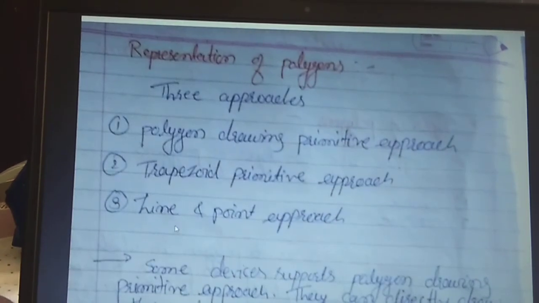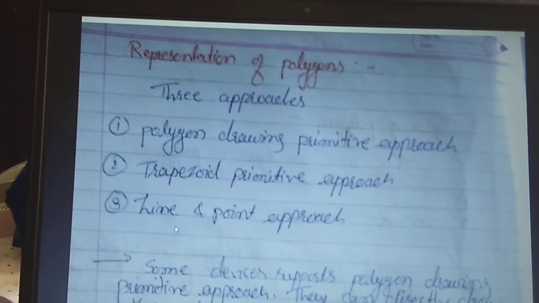Some graphic devices may not provide support for polygons at all. In that case we have to break up the polygon into lines and points which can be imaged or drawn to form the polygon. So we should store the full polygon in our display file and then try to find the method for imaging or displaying them using lines or points.